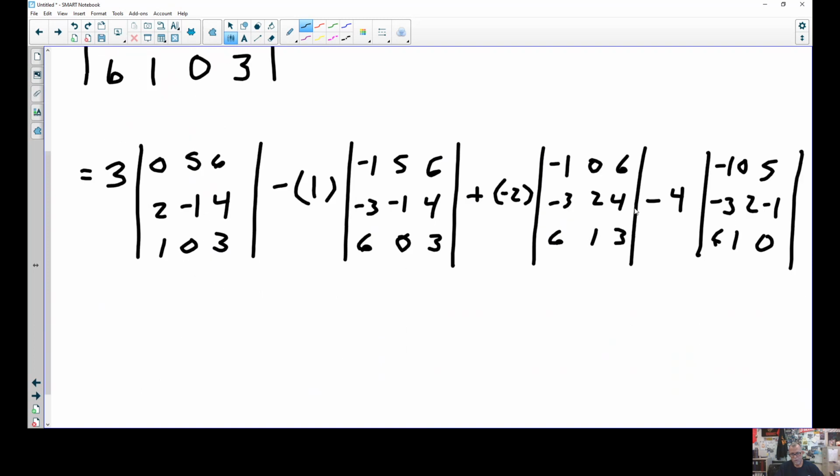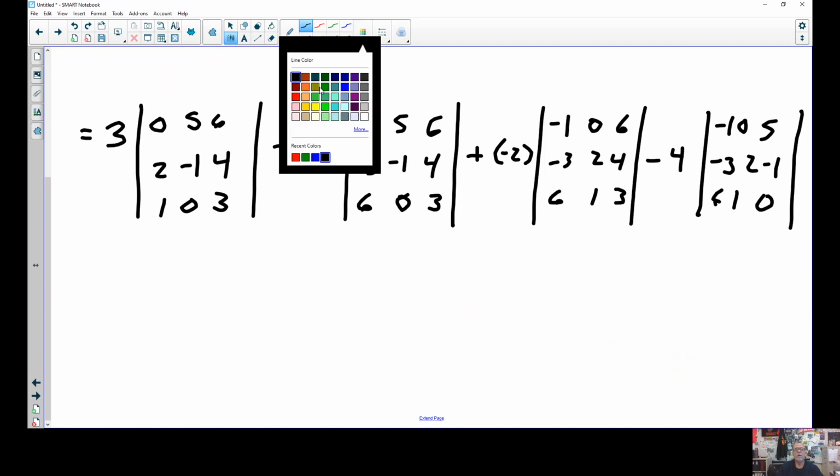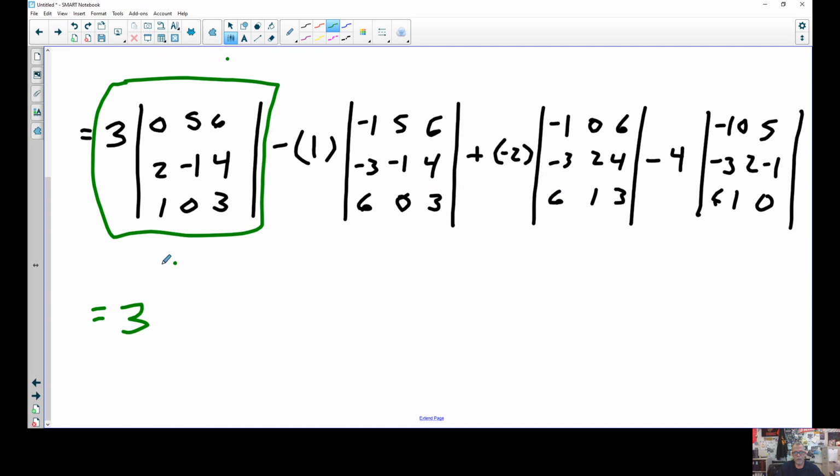So now we would go through and do each one of these. I'm just going to look at this one right now. This is equal to 3 times all these things. I'm going to do the same thing I would do for the others.